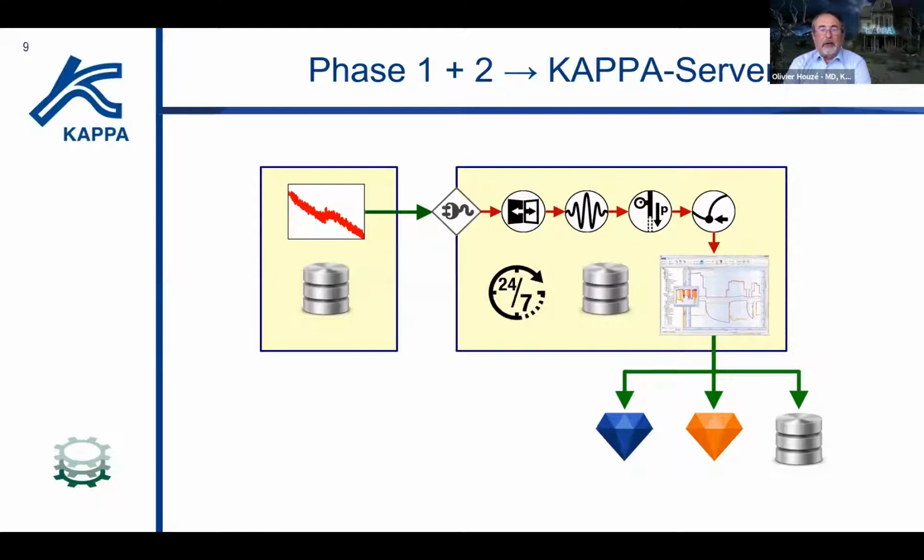KAPPA Server is a client-server application working 24/7, and it is doing in series a certain number of operations: mirroring, filtering, correction to datum, identification of events, and cleaning. The goal being to send the resulting data either to Saphir or Topaz for analysis, or to a database where it could be used by a third party.